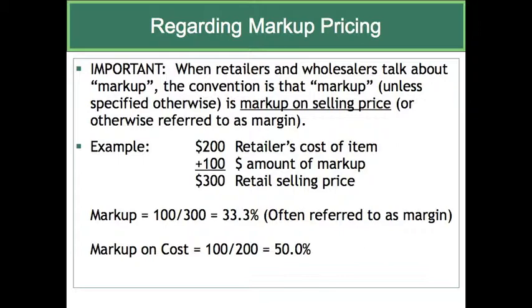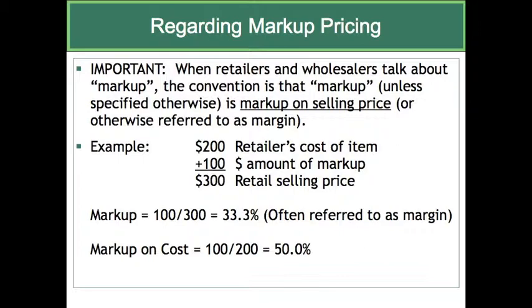The markup can be calculated by taking the amount of the markup divided by the retail selling price, and in this case that amounts to 33 1/3%. This is often referred to as the margin or markup.